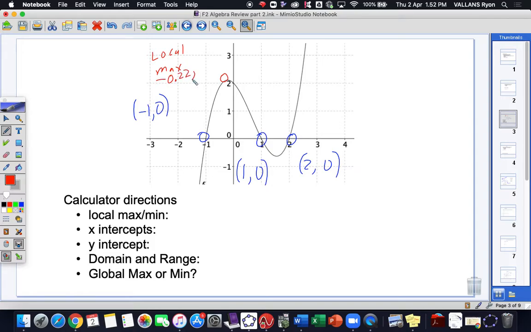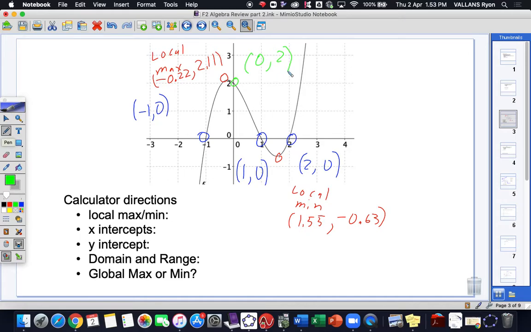Our local minimum should have been at 1.55, negative 0.63. That takes care of those. And then my y-intercept should have been at 0, 2.5. That's wrong. 0, 2. I apologize. You'll see why I said that later. And that would be all the points.